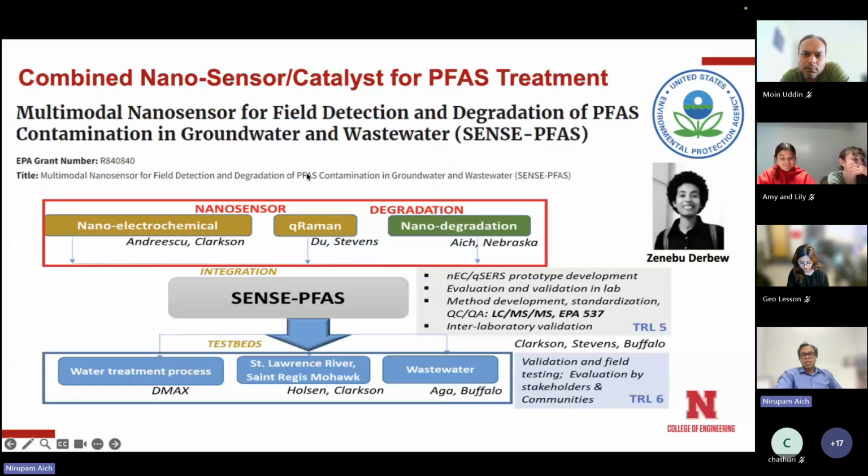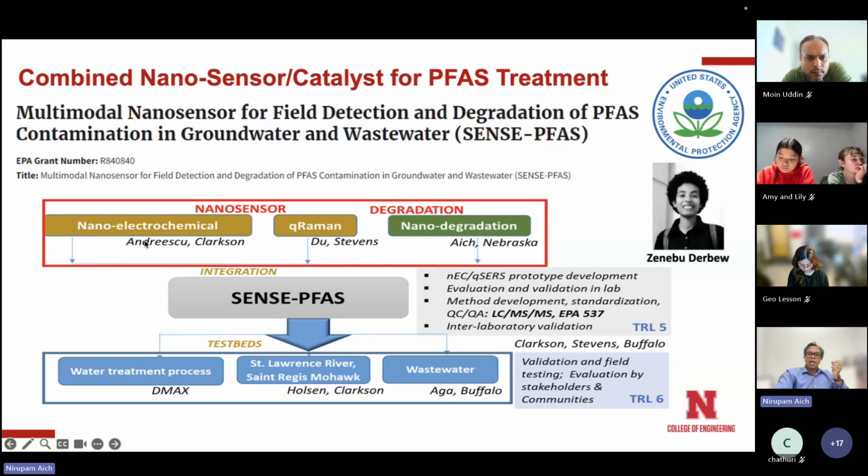This is another project. We have our PFAS treatment project, but one of the major issues with PFAS is that PFAS analysis is very, very expensive. There are no real-time techniques to detect PFAS because they are at very small concentrations in water systems. So we have collaborators at Clarkson University and Stevens Institute of Technology in New Jersey.